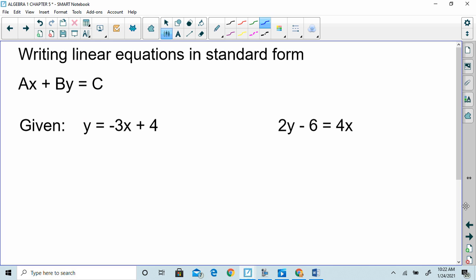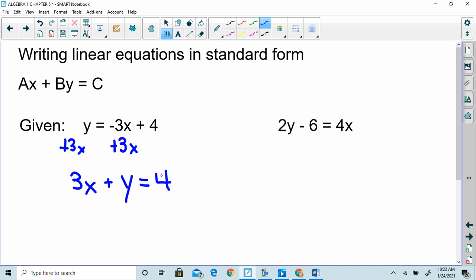Now let's just go back for a moment to standard form. If I want to write an equation in standard form, ax plus by equals c, we will be sure that we have to move this x term over to the left. I'm going to be adding it to both sides. I now have that 3x plus y equals 4.